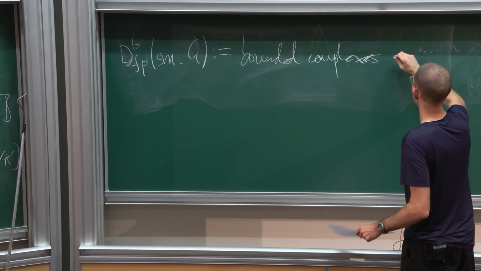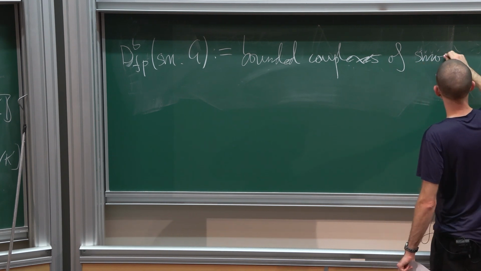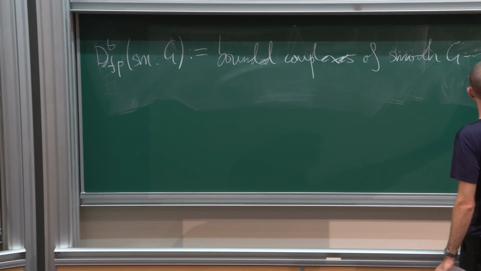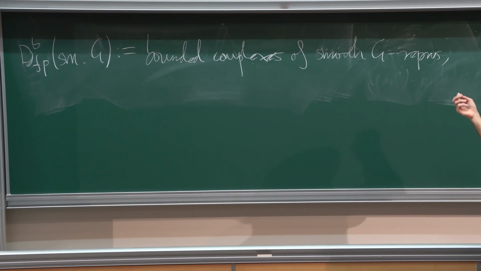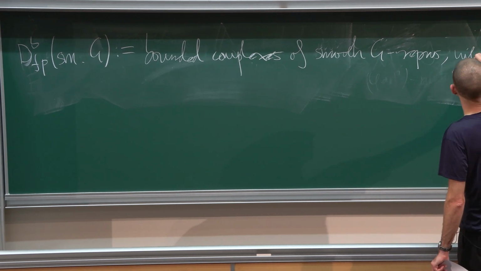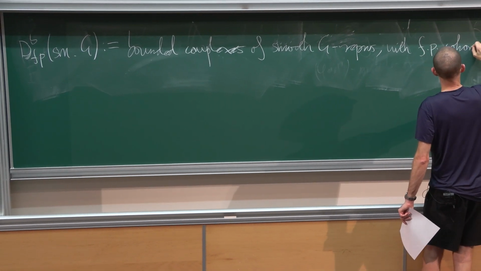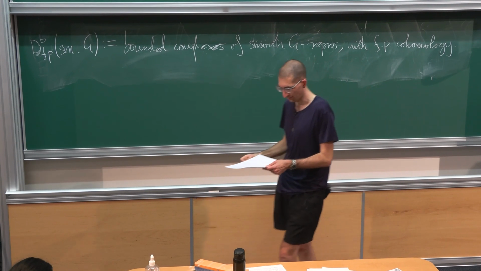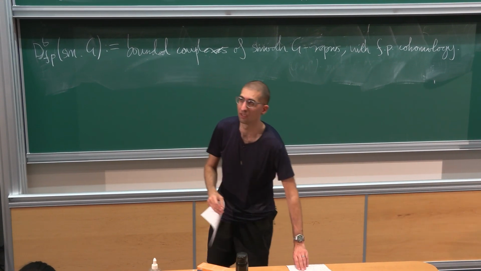So it's bounded complexes of smooth G representations, all of whose cohomology groups are finitely presented. One can check that that's some reasonably well-behaved thing. And then we have a conjecture.